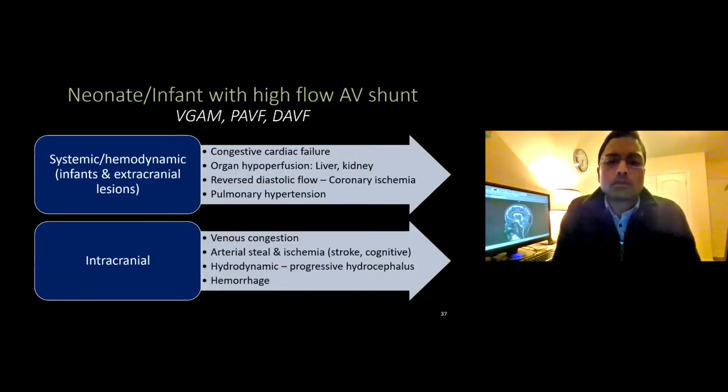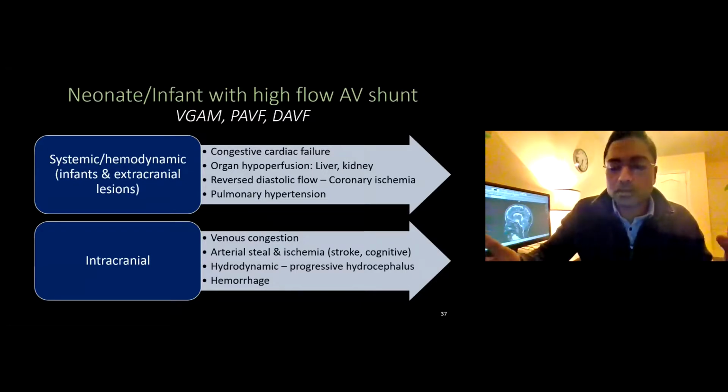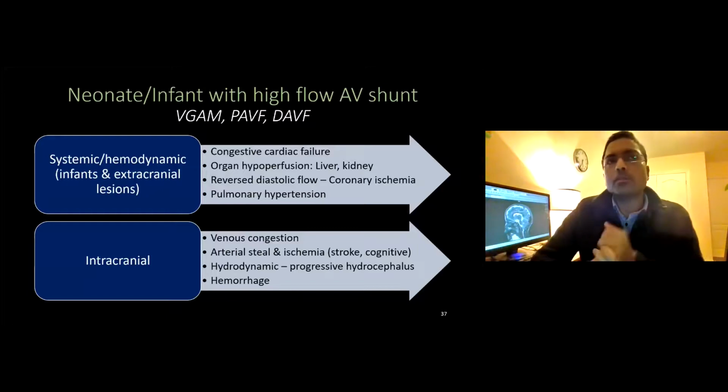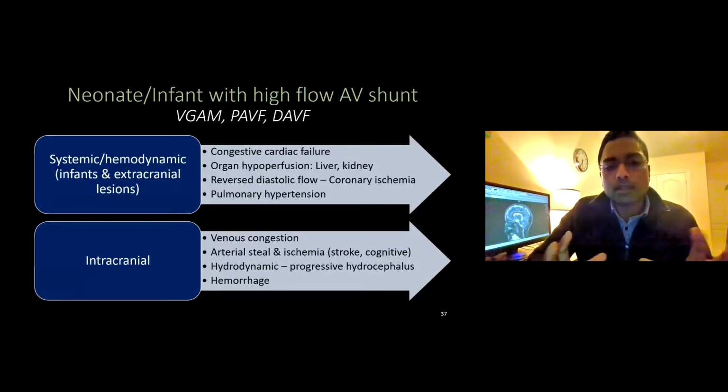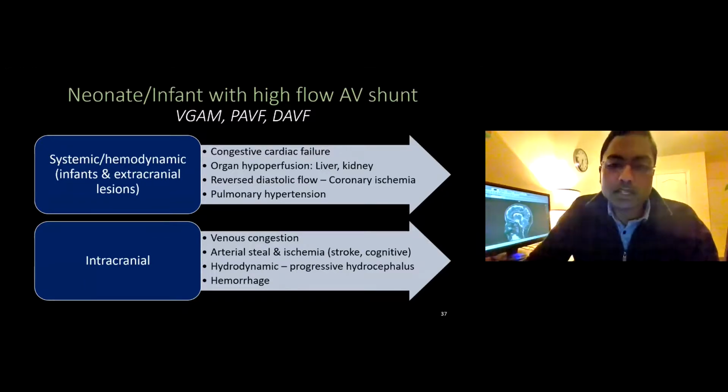early sort of infancy and toddler till that point of time, these high flow shunts, mostly the PL fistula, dural AV fistula, and Galen malformations, they generally have this picture of a very early presentation of congestive cardiac failure, and they need aggressive medical treatment.